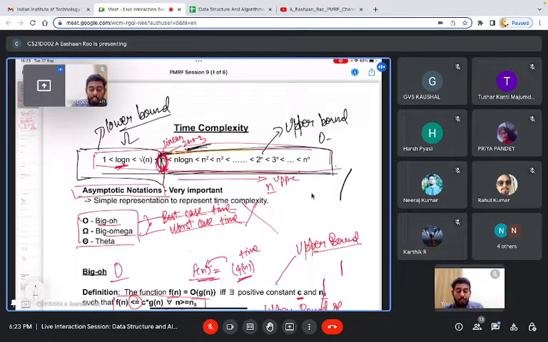Anything bigger than n falls under big O, and anything less than or equal to n is the lower bound. The intersection between upper bound and lower bound we call theta. If there's no intersection, then there's no theta. If n belongs to both the lower bound and the upper bound, then we can say that a theta function exists.